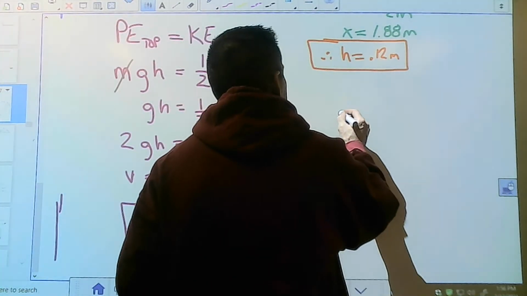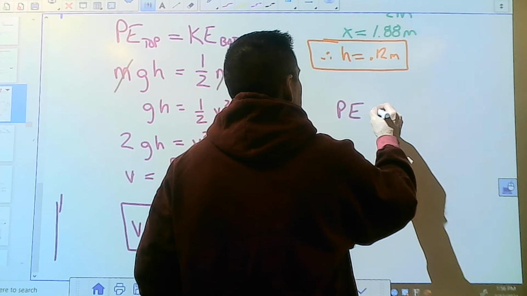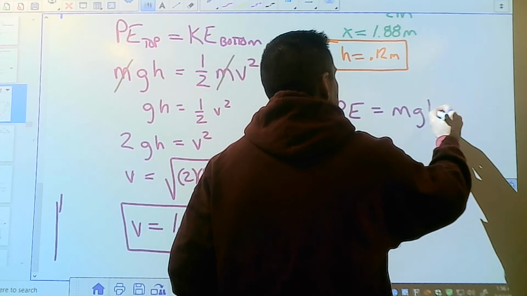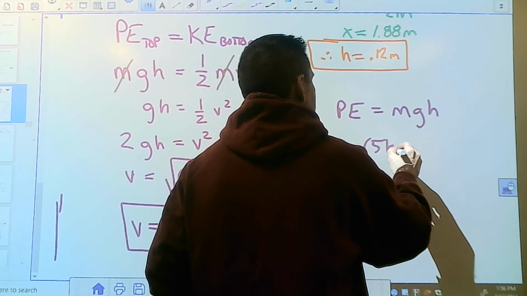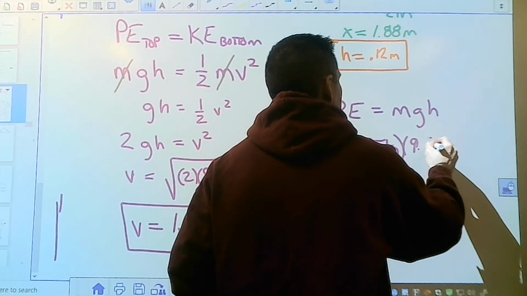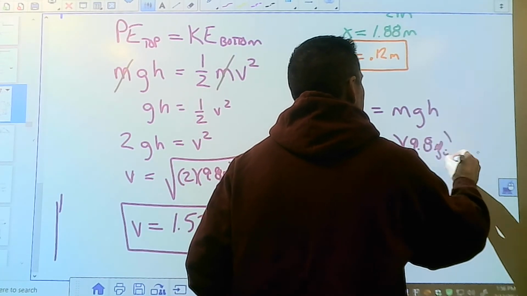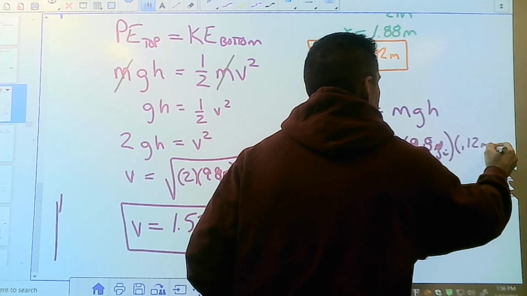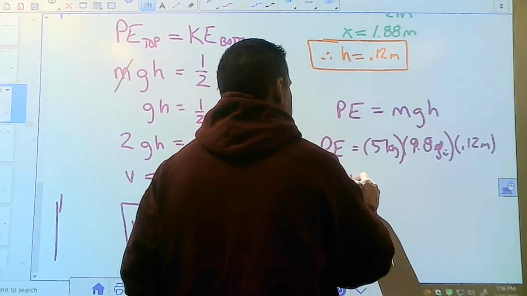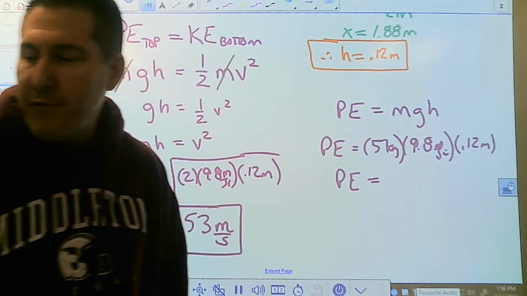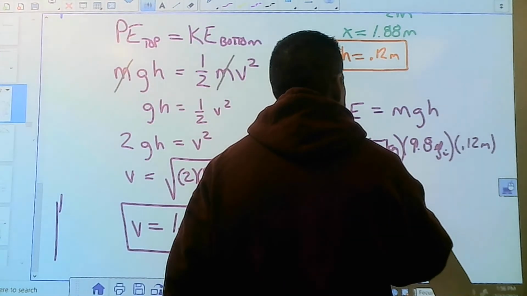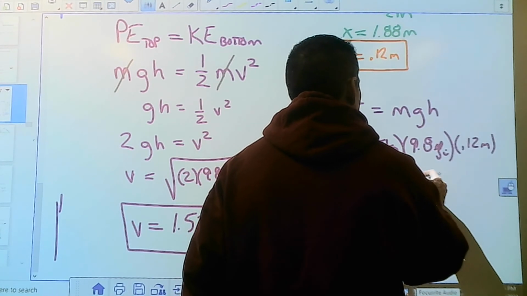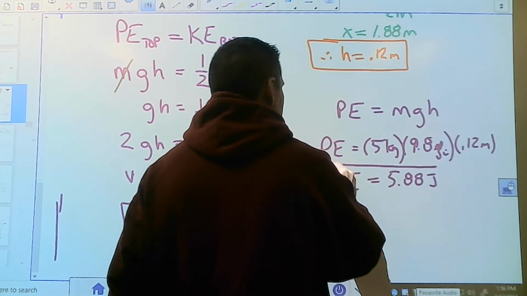So if I wanted to find it at the top, I would say my potential energy at the top is MGH. So it's 5 kilograms times 9.8 meters per second squared times 0.12 meters. And that will find us an energy of 5.88 joules.